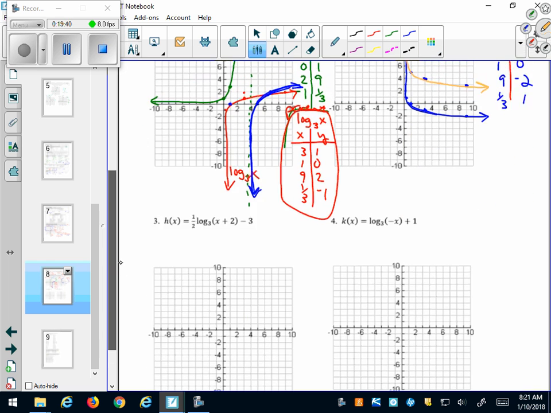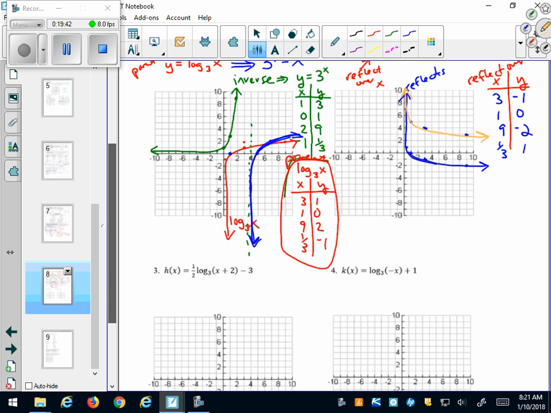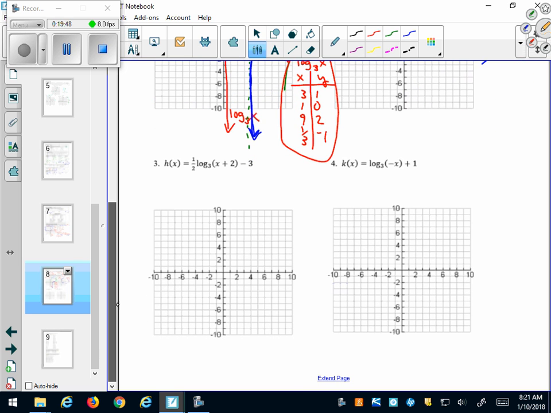Okay, so remember, this red box here on this page is the parent function for all of them. So your transformation just happens to those points. Now, you can write a new XY chart that reflects the transformations.